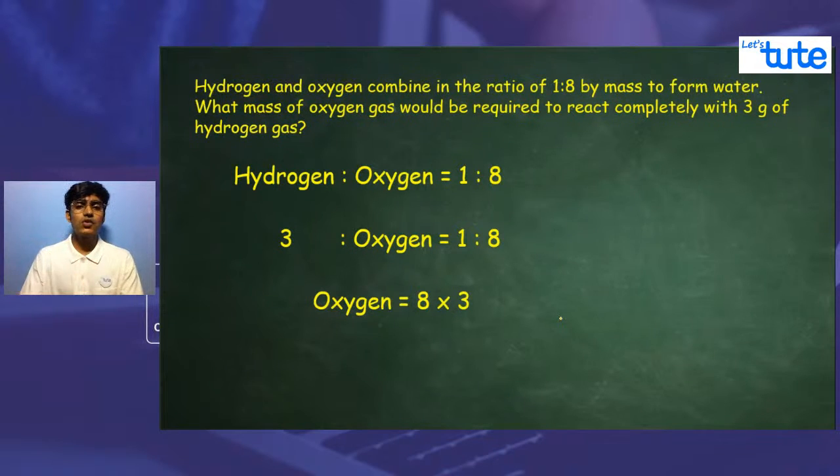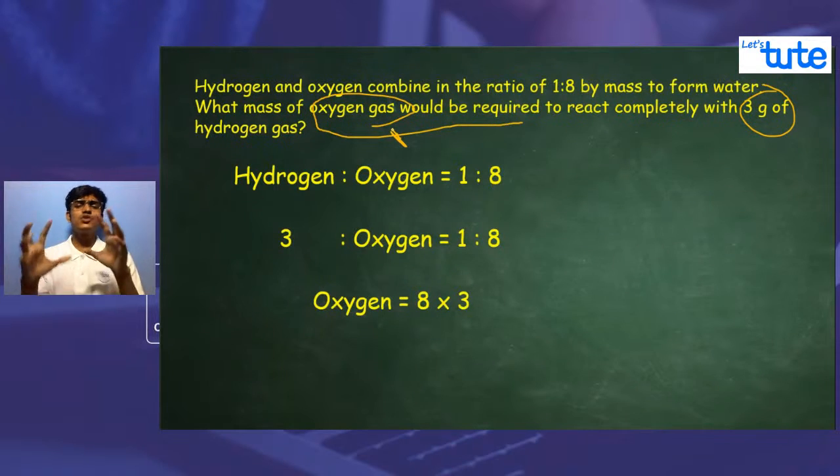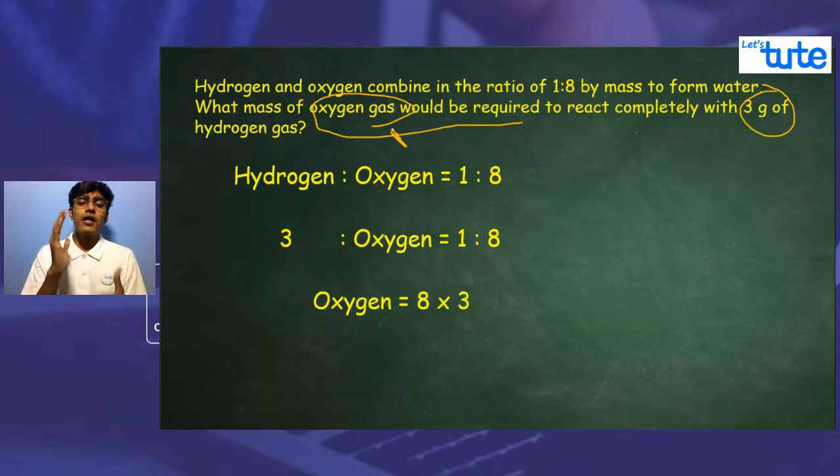In a reaction, if they have given that this particular thing reacts with another element and we have to find the mass of this particular element, we use the law of constant proportion. The mass in which they react will always be constant. So in this also the mass ratio will be 1:8.